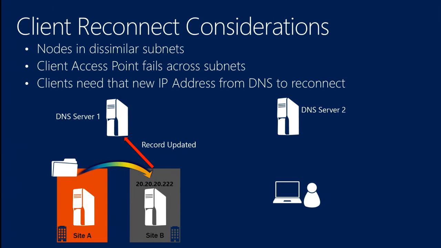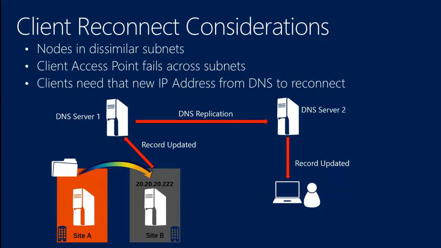So the first thing that has to happen is you have to replicate that DNS record to all the other DNS servers. And how long does that take? The default configuration for DNS servers with an AD integrated zone is 15 minutes. Maybe it'll take longer, I don't know, whatever your DNS topology is. Then the next question is, how long does it take that client to get that DNS record?